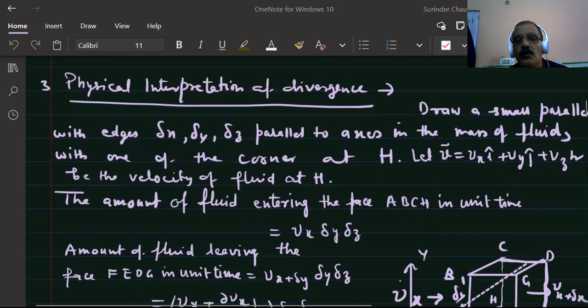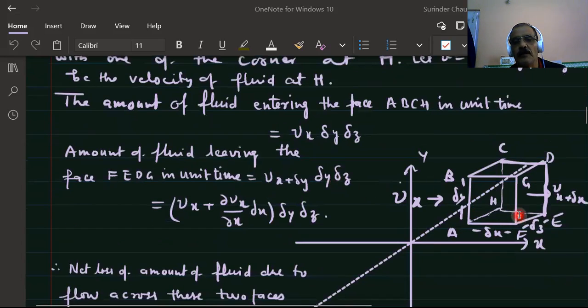Let v be the velocity of the fluid, and the components of velocity along the three axes be vx along the x-axis, vy along the y-axis, and vz along the z-axis. Therefore, v is equal to vx i plus vy j plus vz k, the velocity of the fluid at H.